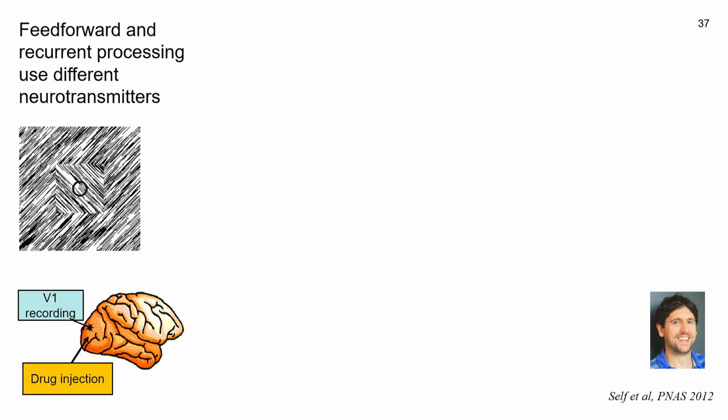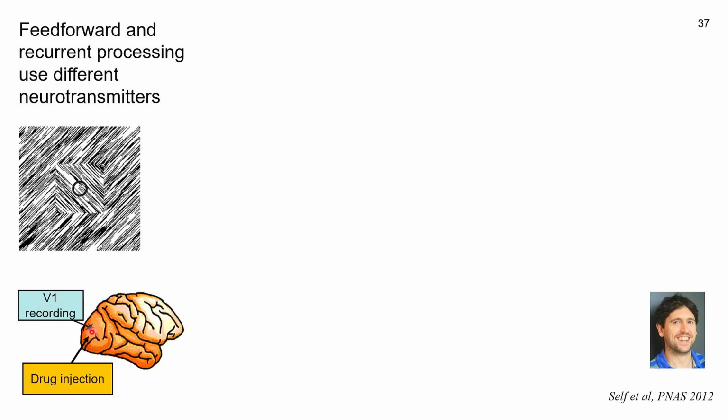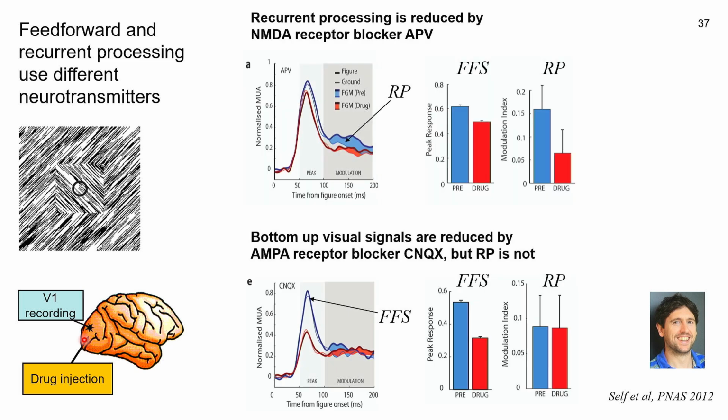And that's something that actually has been shown by colleagues from the Brain Institute, Matthew Self and Pieter Roelfsema, by recording from neurons in primary visual cortex, while also injecting drugs that either selectively block NMDA receptors or AMPA receptors. And what they observed was the following.